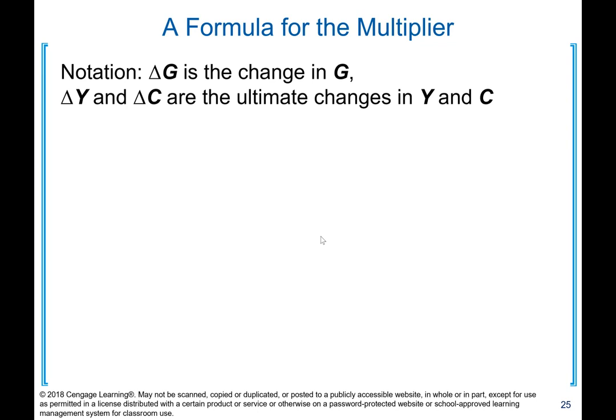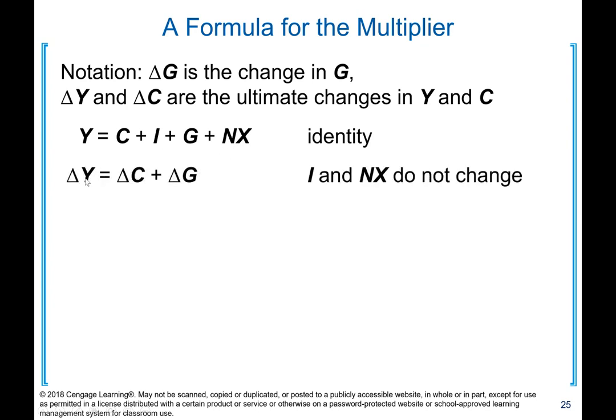A formula for the multiplier can be derived. Notation: delta G is the change in government spending. Delta Y and delta C are the ultimate change in income and consumption. The identity: Y equals C plus I plus G plus net X. Delta Y is equal to delta C plus delta G. Investment and net exports do not change in this regard.